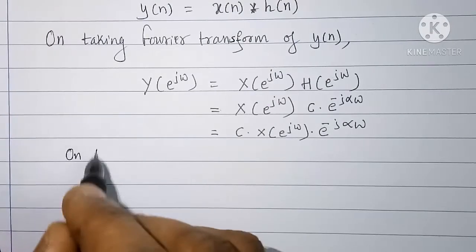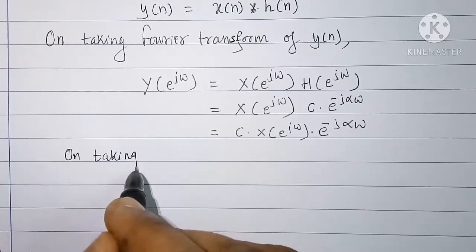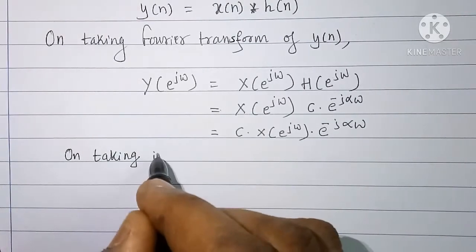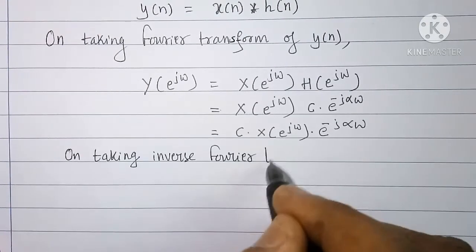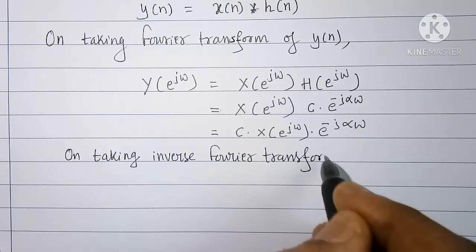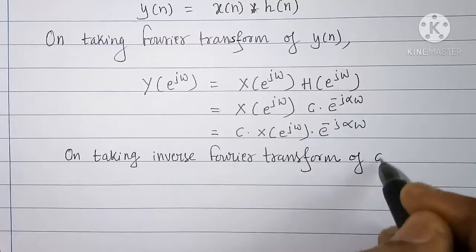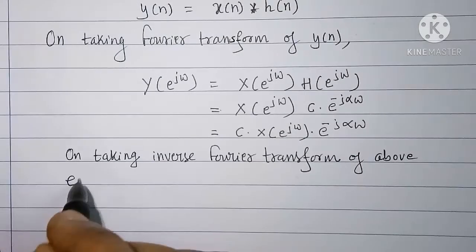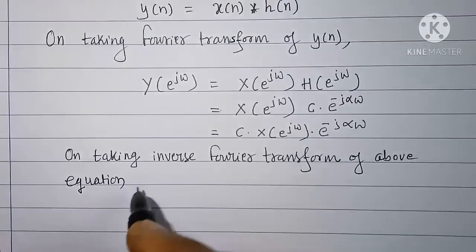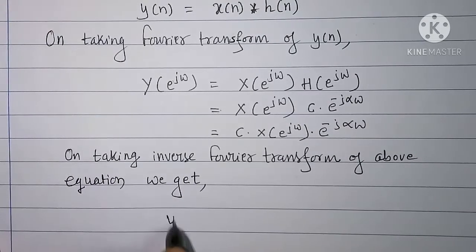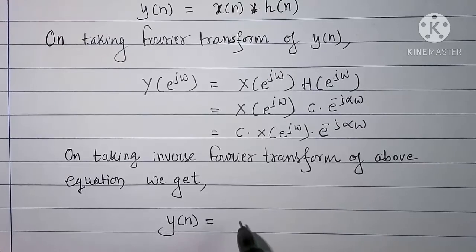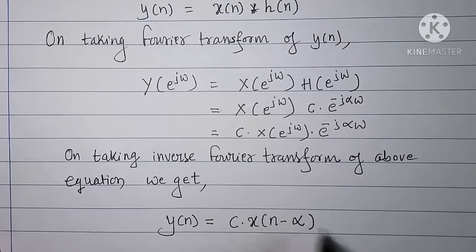On taking inverse Fourier transform of above equation we get y of n equal to c into x of n minus alpha.